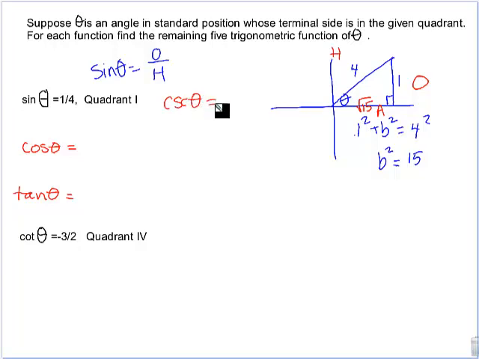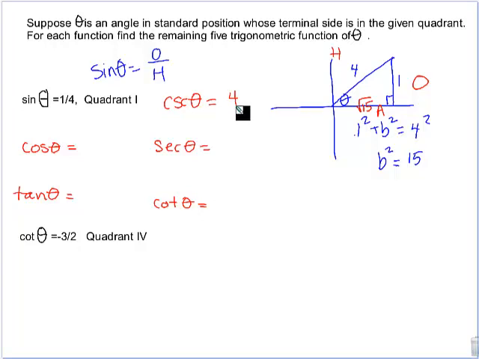What's the reciprocal of cosine? Secant. And what's the reciprocal of tangent? Cotangent. Well, if sine is 1/4, what's cosecant of theta? 4. It's the reciprocal. 1/4 reciprocal is 4.